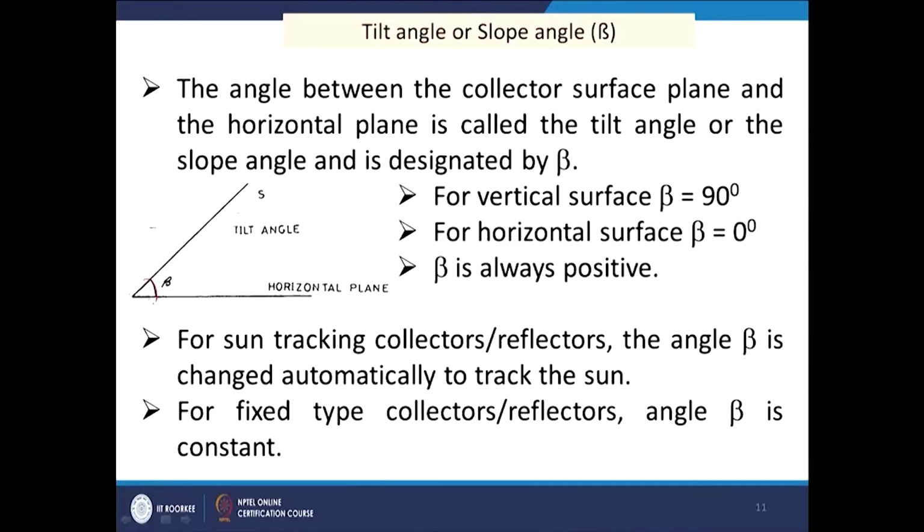Then, what is the tilt angle? If we keep one plate, it will make an angle with the horizontal plane. This is called beta, or the tilt angle. The tilt angle will be 0 when the surface is horizontal, or 90 degree when the surface is vertical.